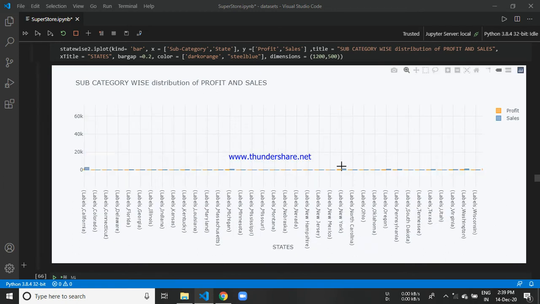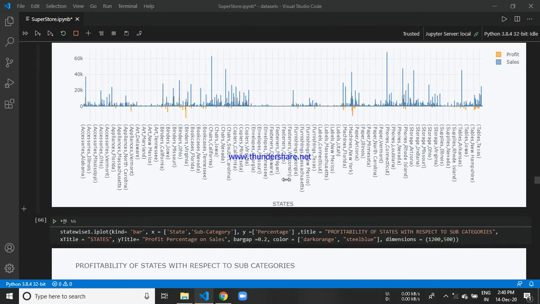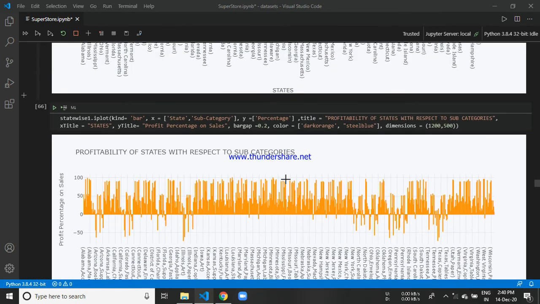Okay, so this is the data. We can see the paper is having a loss here in, I would say, Ohio, and the loss here is in binders, that is Texas. This is the profit percentage plot.